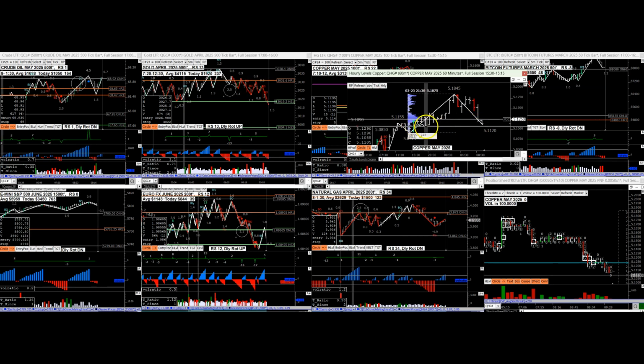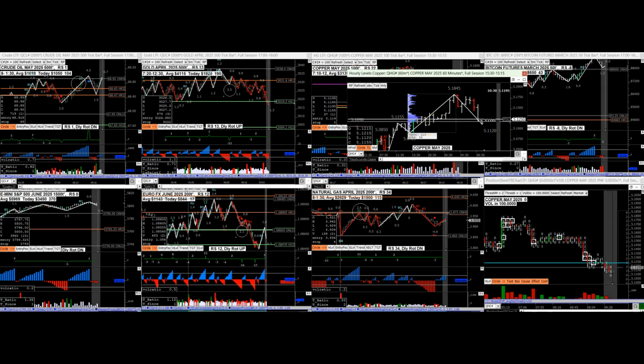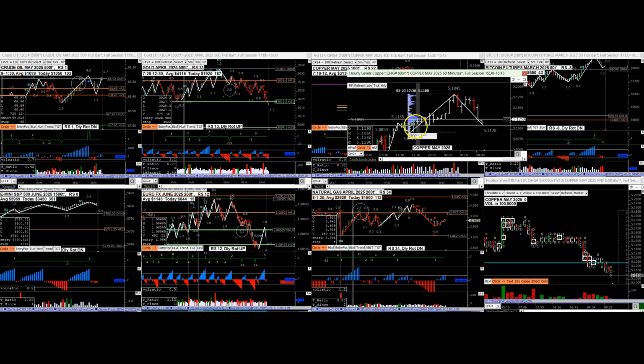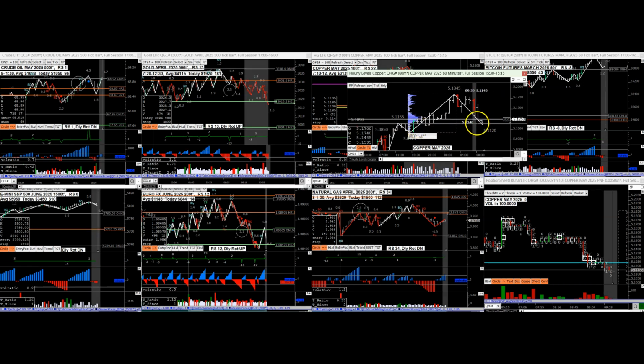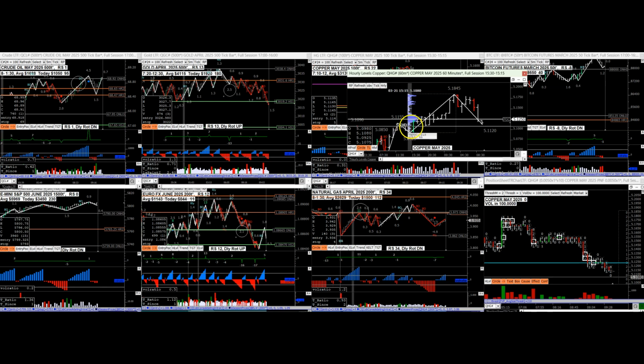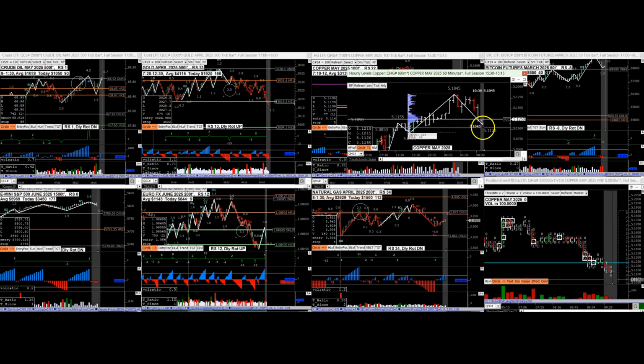It might take out this low or test this area, what people call a fair value gap. I forget the term, but the idea is that there's a thrust, and it might test this thrust right here, which seems like a fair value gap. I think that's the term.